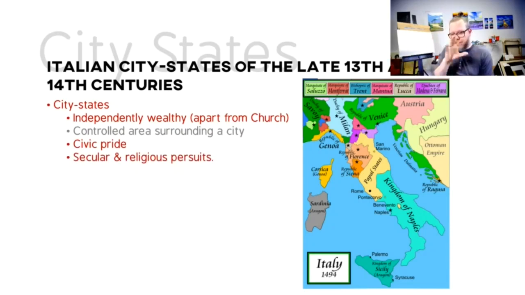Now, civic pride, secular and religious pursuits. First off, if you've taken English 201, and if you haven't, I'll remind you, in ancient Greece, city-states were a thing. You have a city and a surrounding province, sort of named after that city. Like Athens. Athens was a city-state. Sparta was a city-state. So this is already an idea that's being borrowed from the ancients and being brought back again.